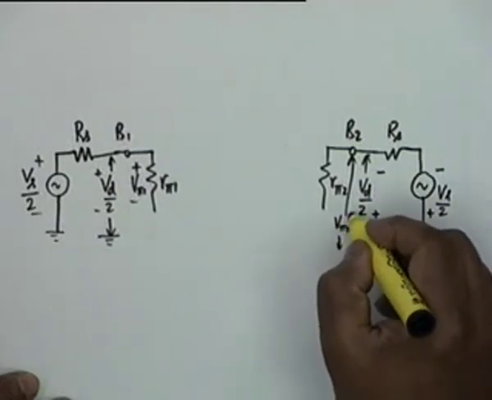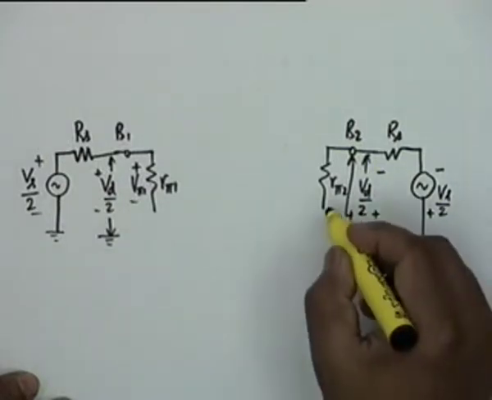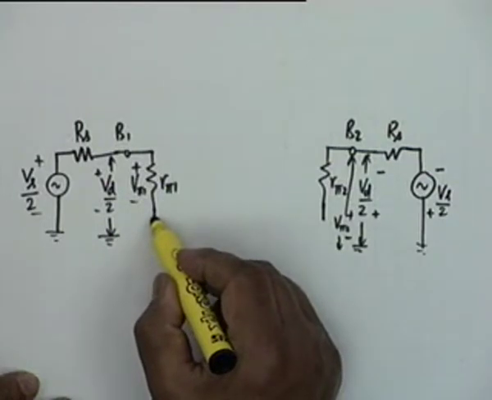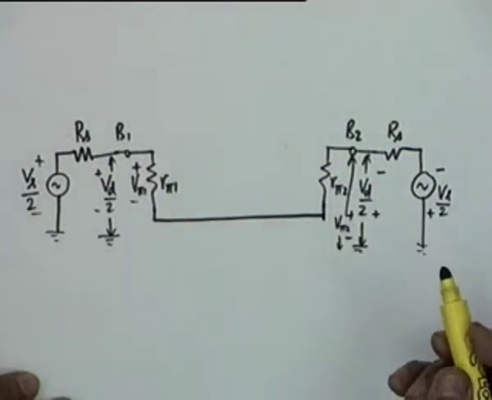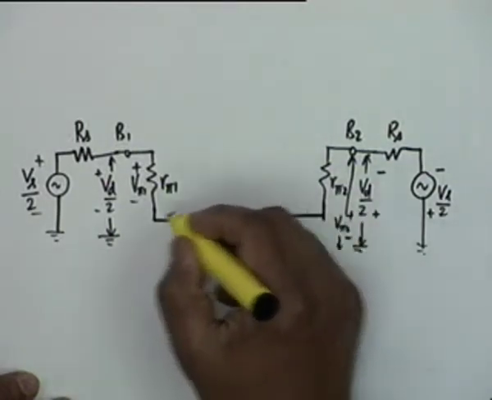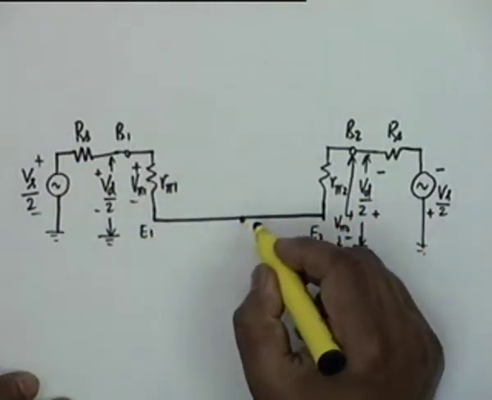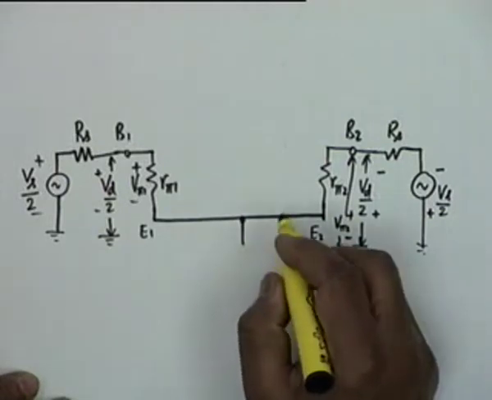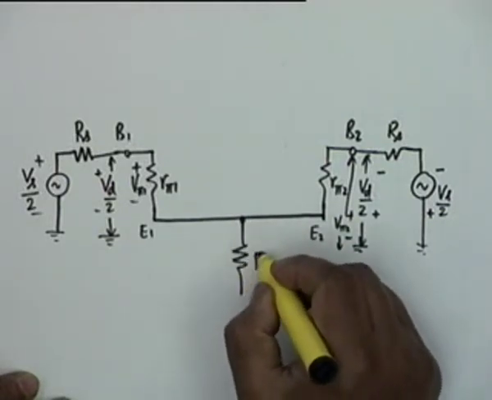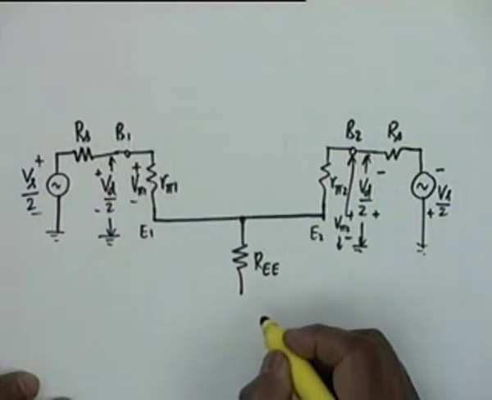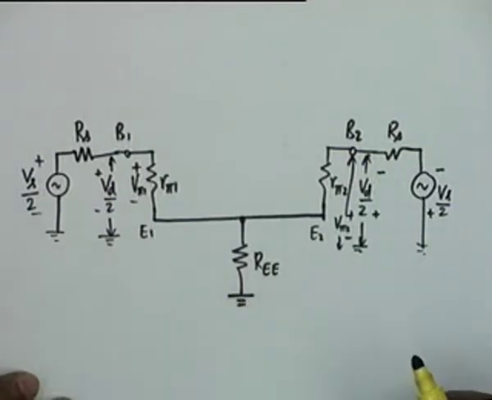Okay, then the two emitters are connected together. This is E1 and this is E2. They are connected together, and from this common point we get an REE. As far as AC is concerned, VEE is ground.